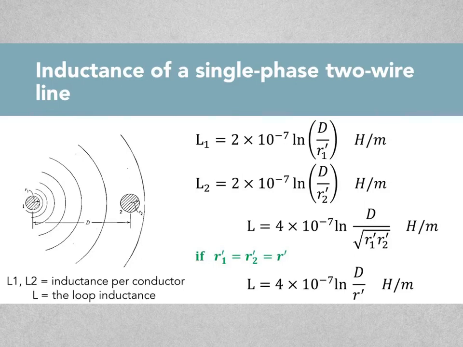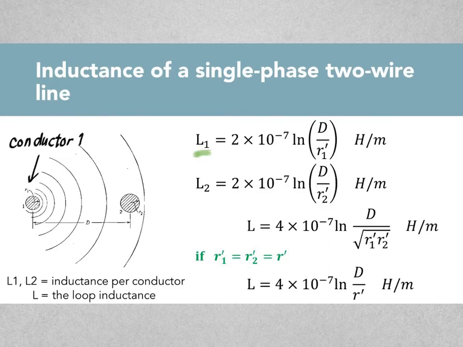Now we'll have the inductance of a single phase two-wire line. Consider this conductor 1 with the radius R sub 1, and we get its inductance first. But of course we have to consider the effect of the flux linkage brought upon by conductor 2, or another external conductor.